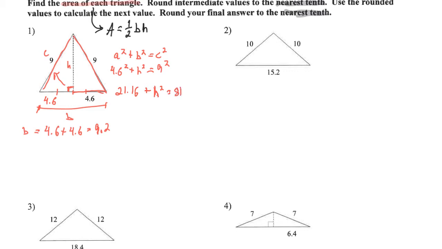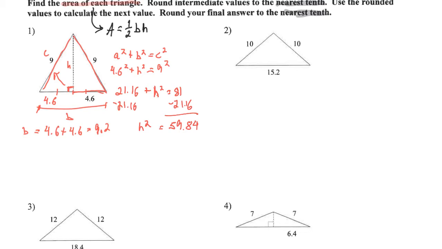So I'm solving this for h. So I need to subtract that 21.16. Subtract that on both sides. So if I subtract 81 and 21.16, looks like 59.84. So that's going to be h squared.